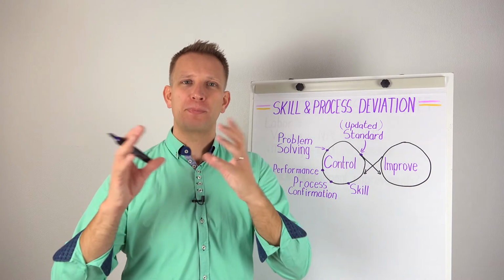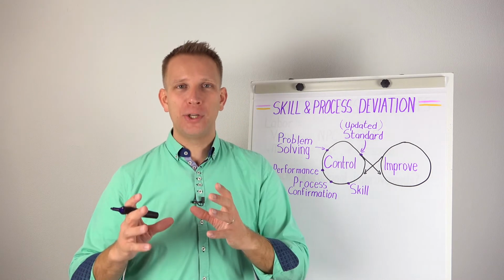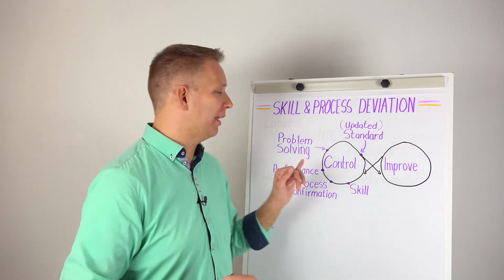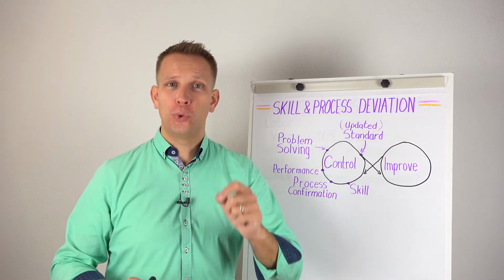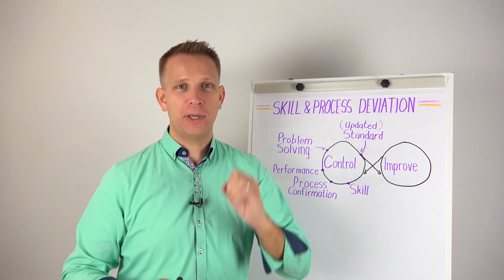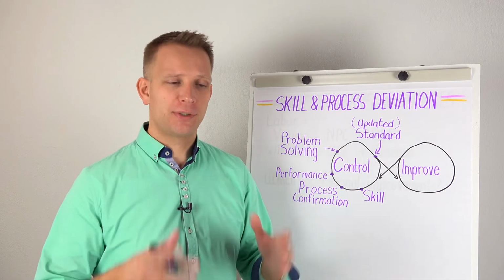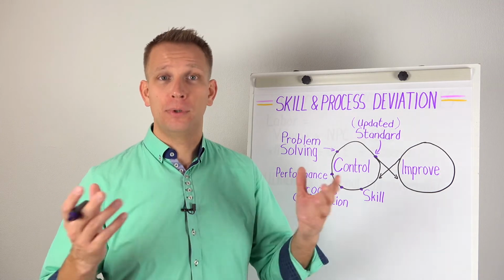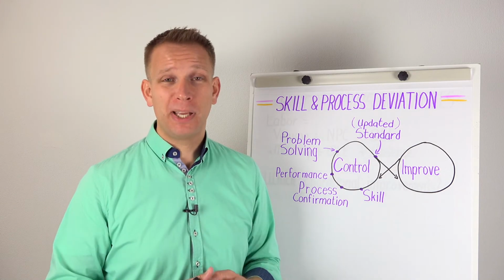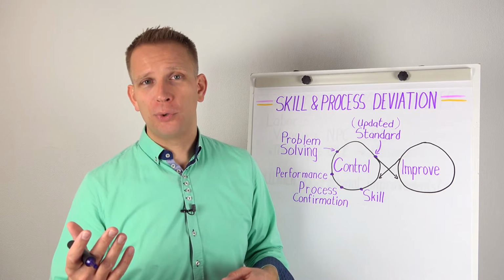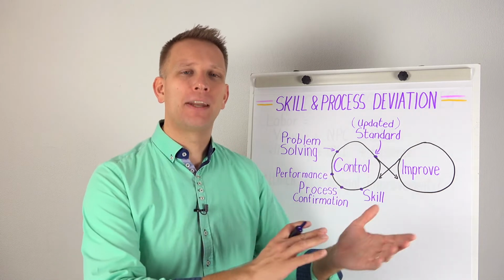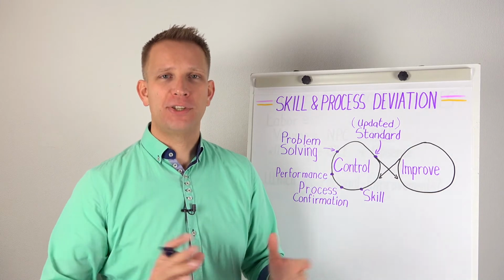Something is wrong with a specific process and how we do it, then you know that you got a prime candidate for an organized 6-step problem-solving approach. Also, when you don't see any deviations from the same process confirmation round for those 10 times, you may well decide to put it on hold for some time, or even just take that round out of your process confirmation system.